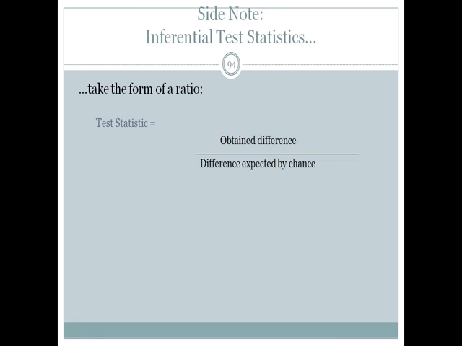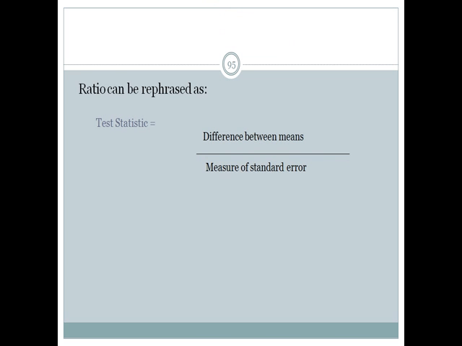Each time that you encounter a new statistical test, so right now the only one we've talked about is the z-test for samples, but we're going to encounter t-tests pretty soon, and then more, always look at how those compare and contrast to this ratio. Obtained difference divided by a difference expected by chance. Or, saying the same thing, the difference between means divided by a measure of standard error.